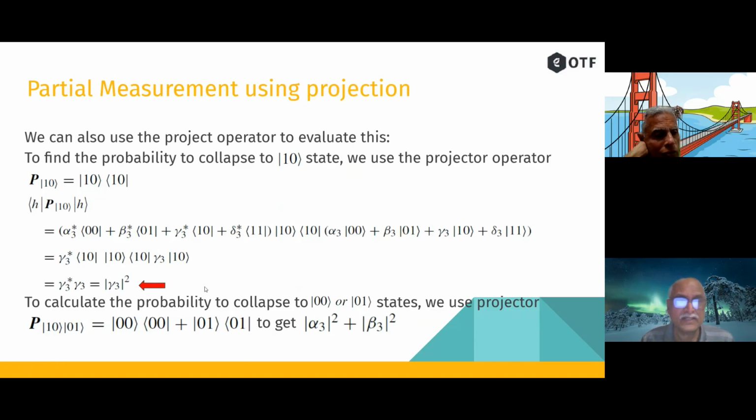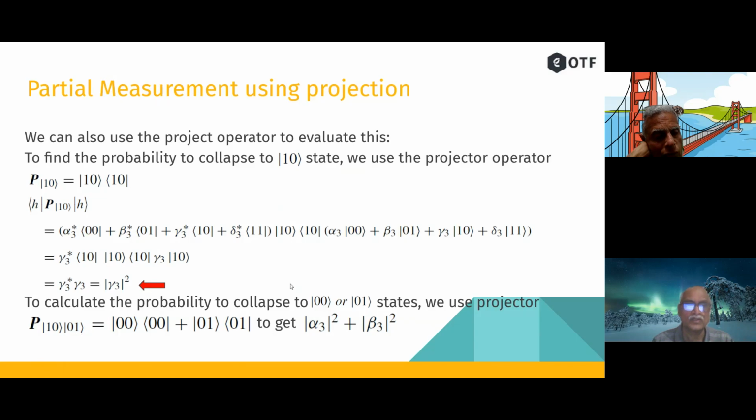Similarly, if I would like to find out what exactly would be the probability of the system collapsing to either the state 00 or state 01, once again I can use the projection operator, and the projection operator will be |00⟩⟨00| plus |01⟩⟨01|.